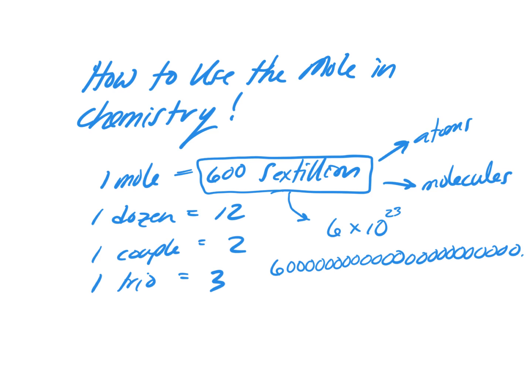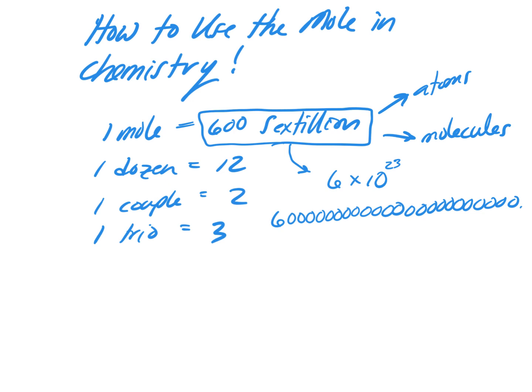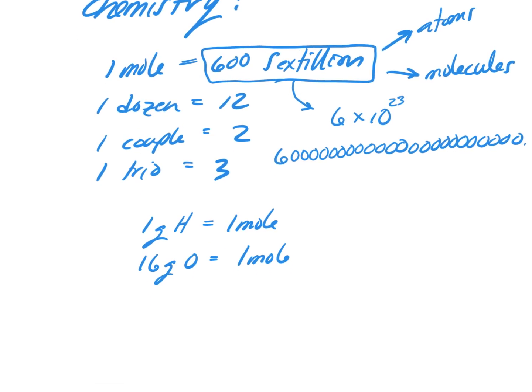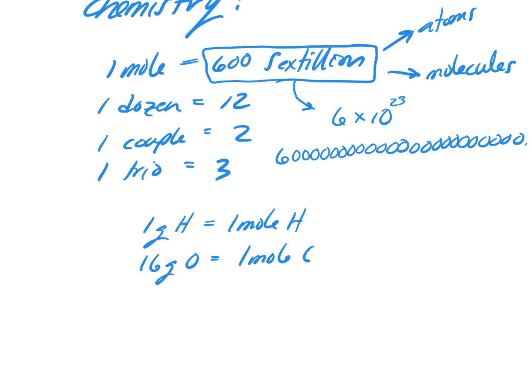But from the last time we were together, we found that 1 gram of hydrogen atoms is 1 mole of hydrogen. And we found that 16 grams of oxygen is 1 mole. And 20 grams of neon is 1 mole of neon.